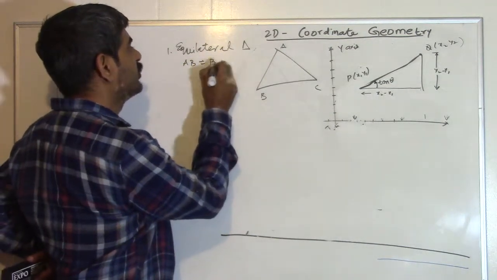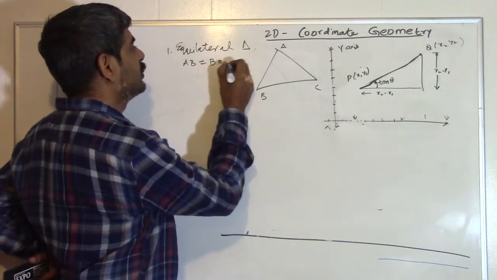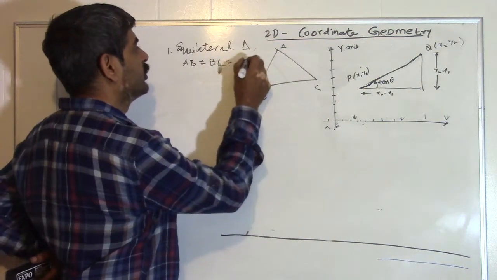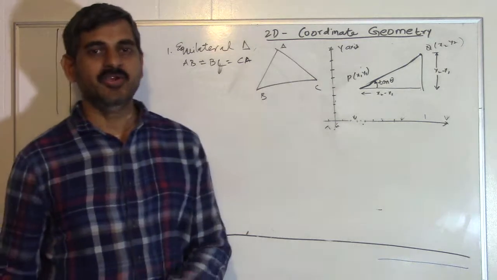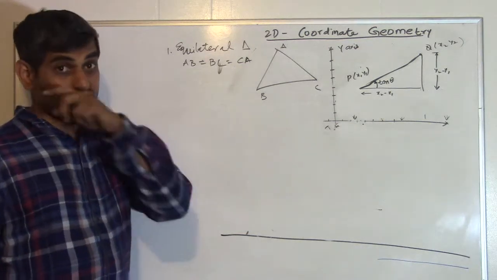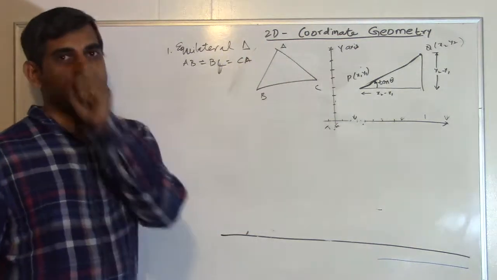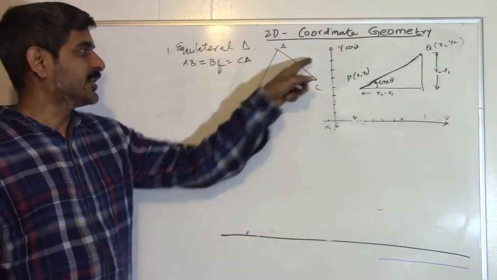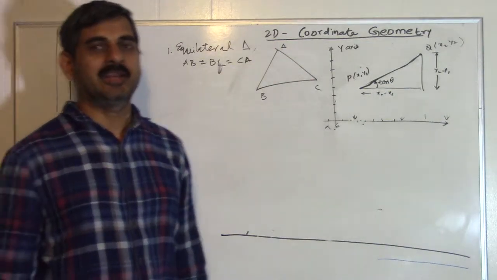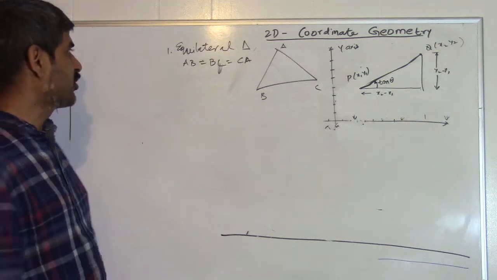AB is equal to BC is equal to CA. This is the condition when the triangle is equilateral. If you are given the coordinates of the 3 points of a triangle, you can try to find out their length, and from the length you can tell if the triangle is equilateral or not.